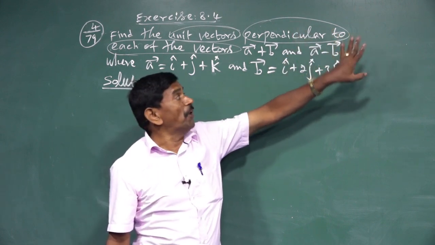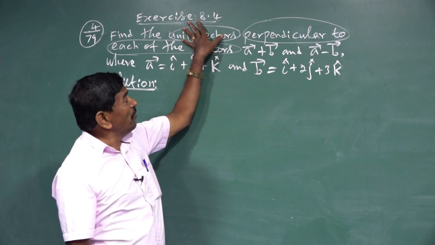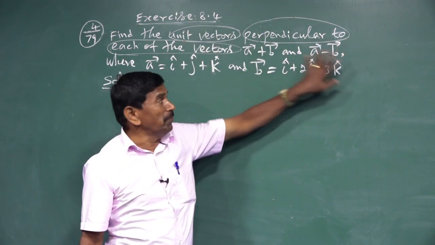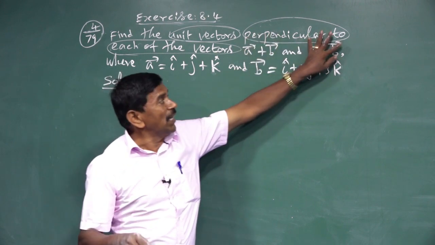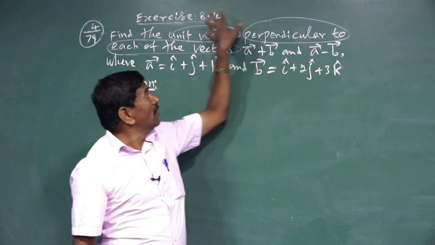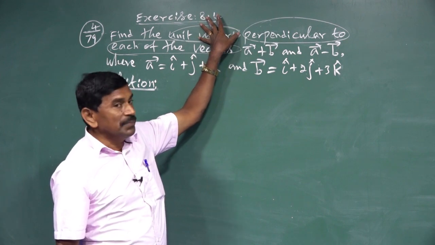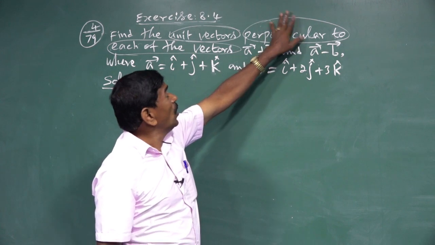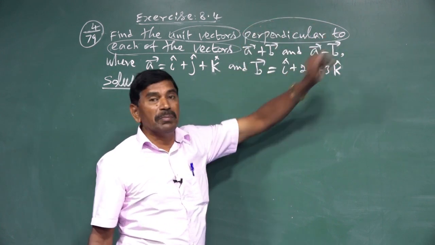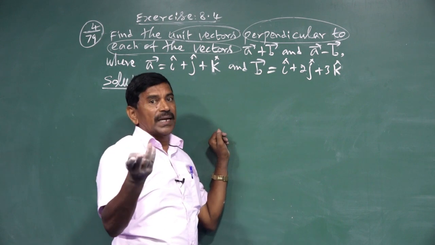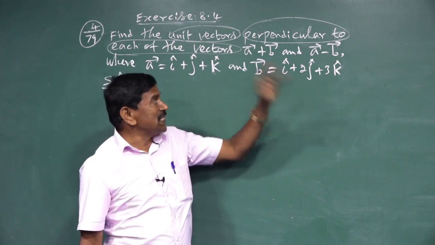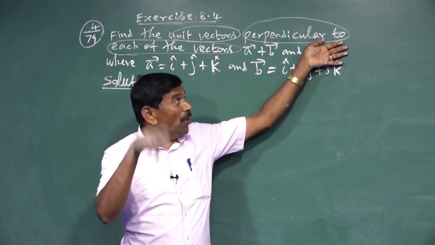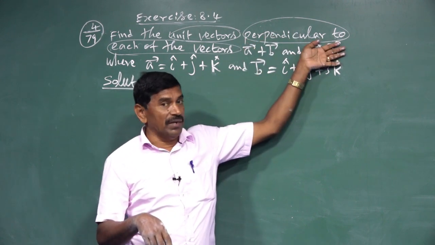We know the formula for the unit vectors perpendicular to both a vector and b vector. For example, consider the first one fully as a vector and the second one fully as b vector. The unit vectors perpendicular to both a vector and b vector are given by plus or minus n cap equal to plus or minus a vector cross b vector divided by modulus a vector cross b vector.